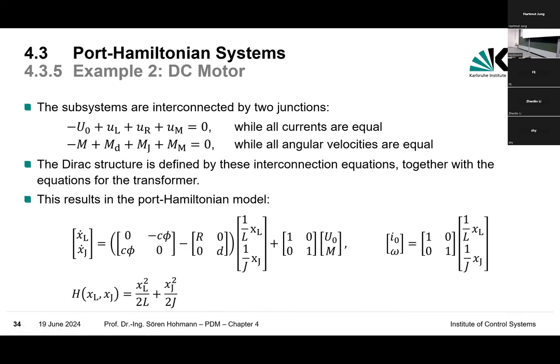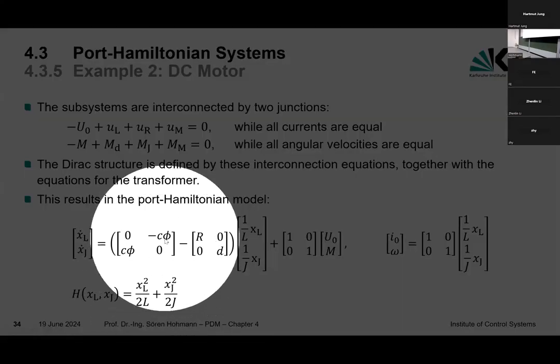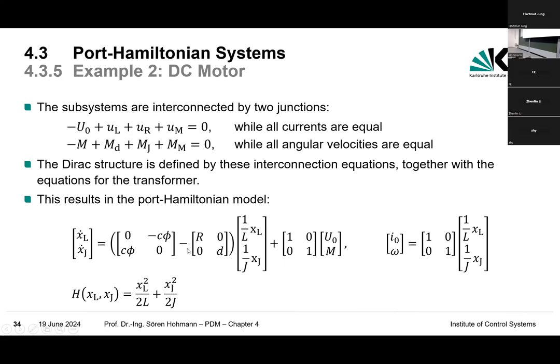One part, which by inspection we see here, C phi is the transformation value of the transformer of a DC drive, right? So it's somehow the Dirac structure present there. And second, the second part is the resistive part. And again, we can say the matrix A is composed of two parts.